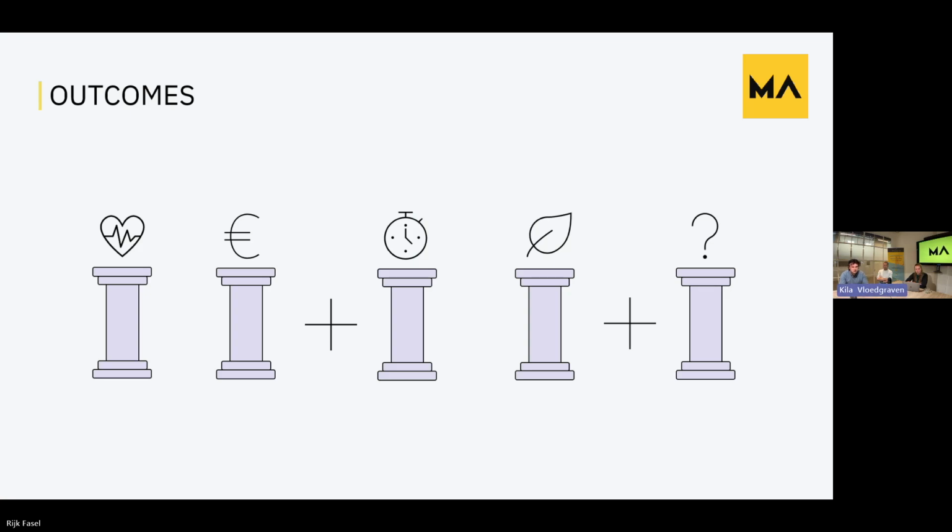And then I wanted to say something about the different outcomes that we want to assess, because Geert already mentioned that it's not only about cost and health outcomes. We believe it's very important to look at other important outcomes, and what we believe are important factors to take into account in our value assessments is the time spent by healthcare professionals.